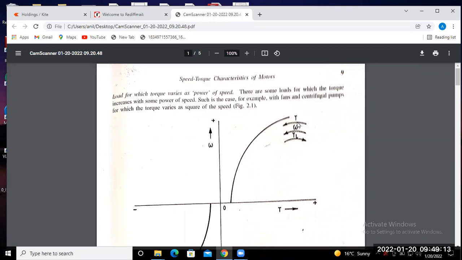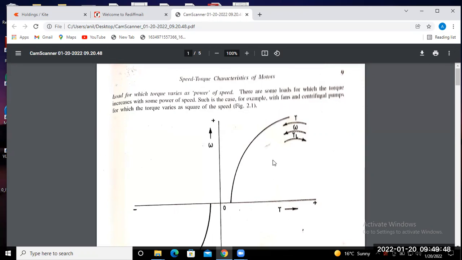So as you know, the electromagnetic torque and load torque always act in the opposite direction. And their characteristic speed may be in the reverse direction, with torque produced in the other direction. So we consider the speed torque characteristic in all four quadrants. Suppose in the first quadrant, along the x-axis we consider the torque, and along the y-axis we consider the speed.